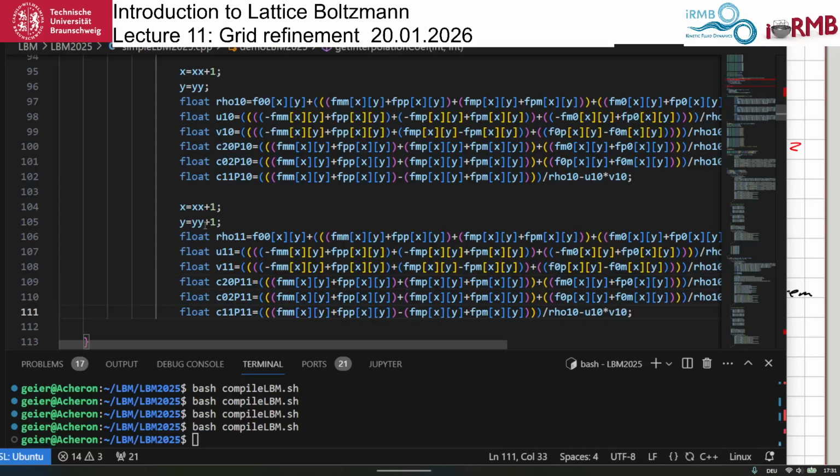Gray code is a binary code where when you count up, the Hamming distance, the distance between the numbers, is such that you always switch one bit.